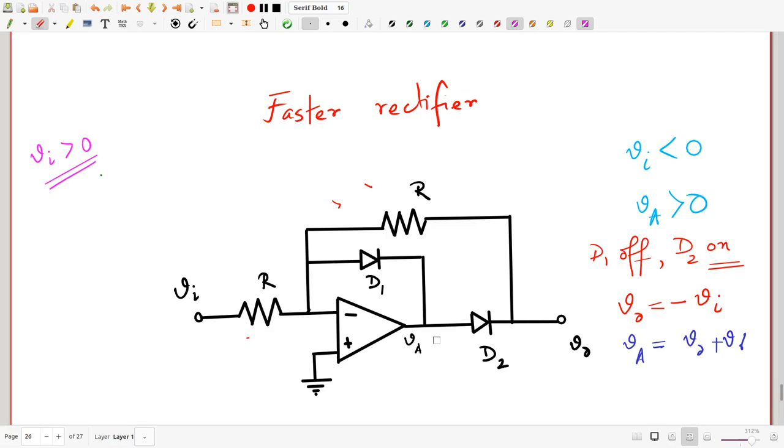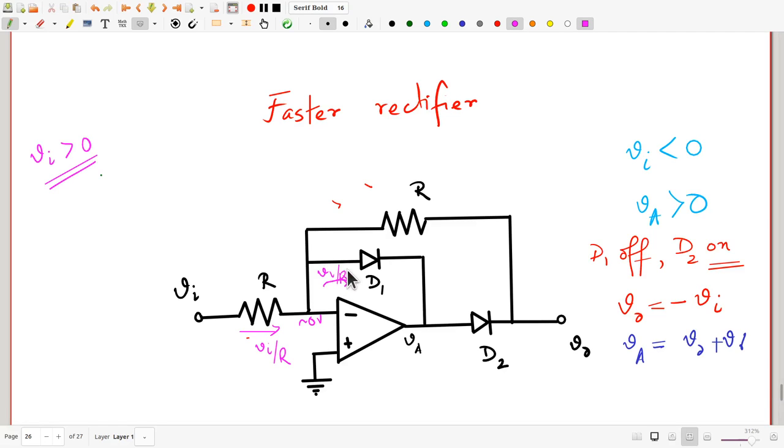Now that Va goes negative, this diode D1 is going to be forward biased, and that's going to provide a feedback path. Once again, that's going to ensure virtual ground, and what you're going to get is nearly 0 volts here. But if you have nearly 0 volts here, that will cause a current Vi by R to flow through the resistance R, but almost this entire current is going to go through D1.